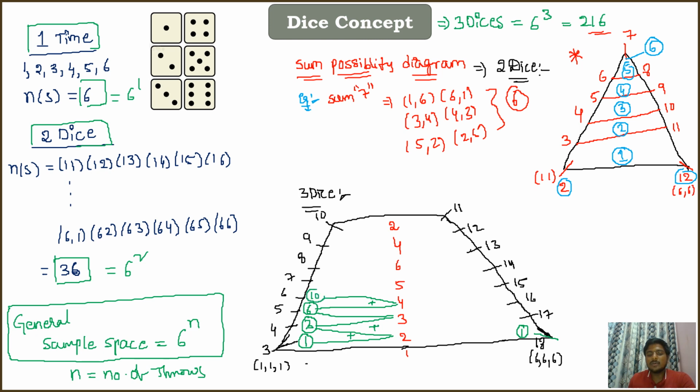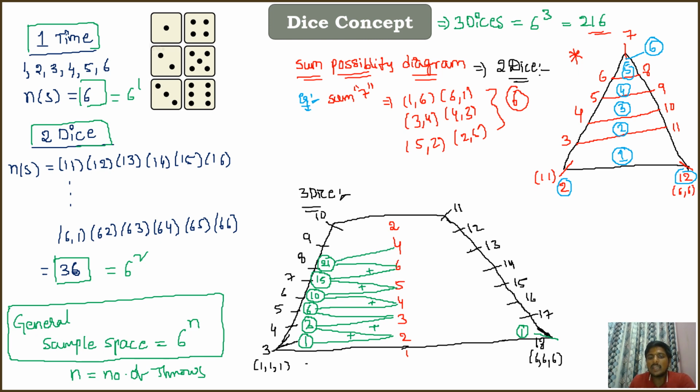For sum as 6, we have 10 possibilities. Next, 10 plus 5, 15. The sum as 7, we have 15 chances. Next, 15 plus 6 is 21. Sum as 8, we have 21 possibilities.